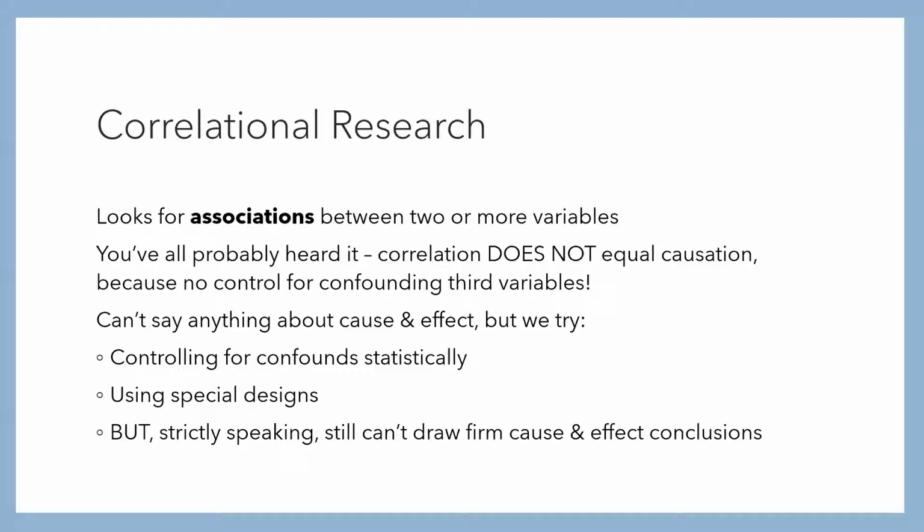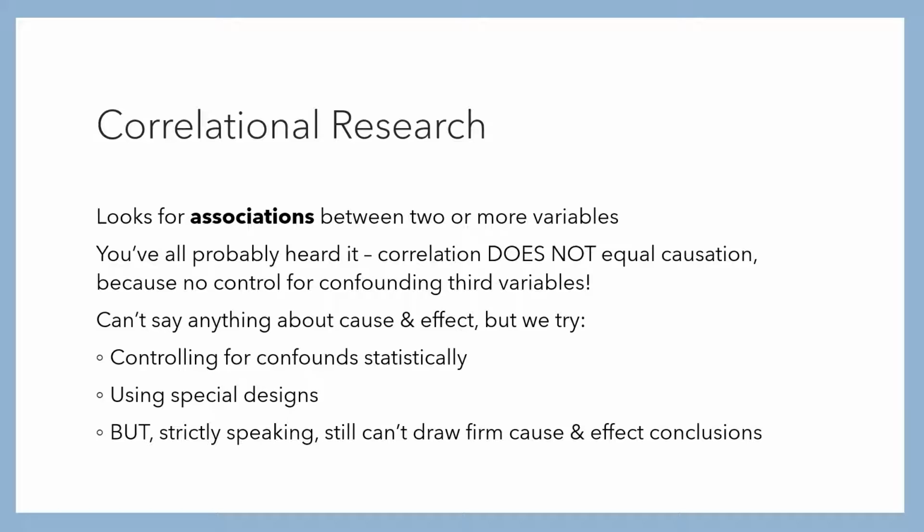You've probably already heard the mantra of researchers everywhere in your first-year courses. Correlation does not equal causation. This is why, even if it seems like two variables are associated with each other in your research project, say, if you're conducting non-experimental research, you can't really say the variation in one variable caused the variation in the other, as there is no control for possibly confounding third variables that might be in the mix.